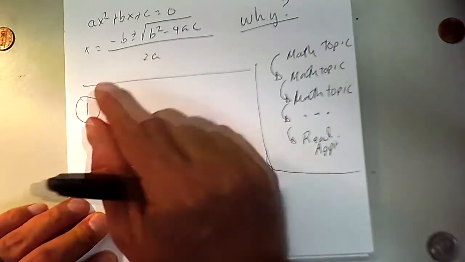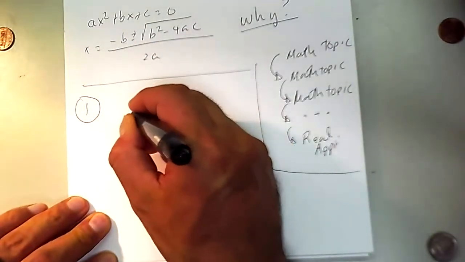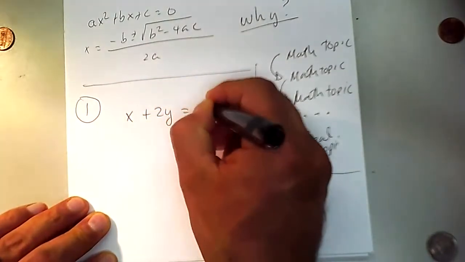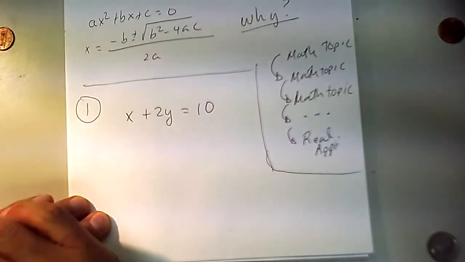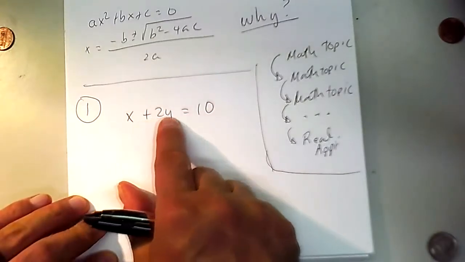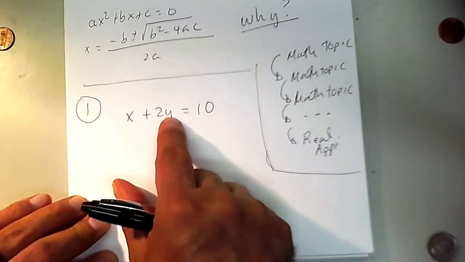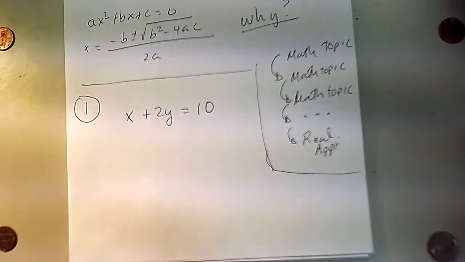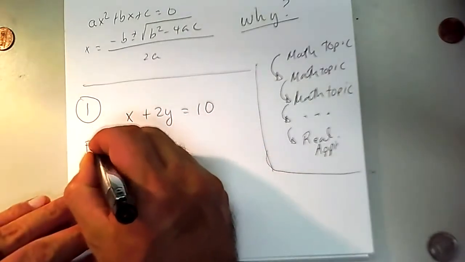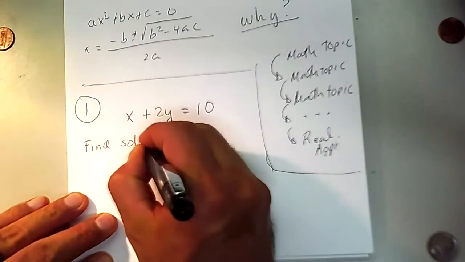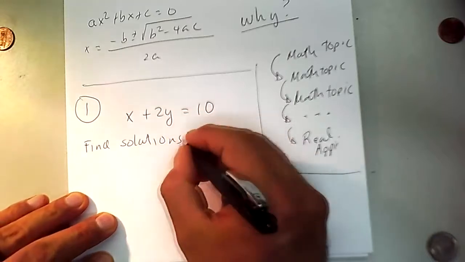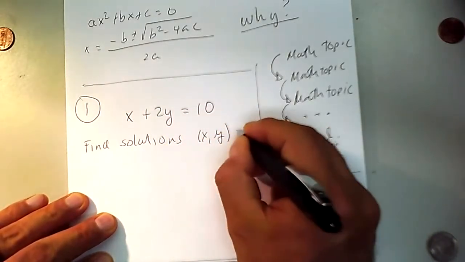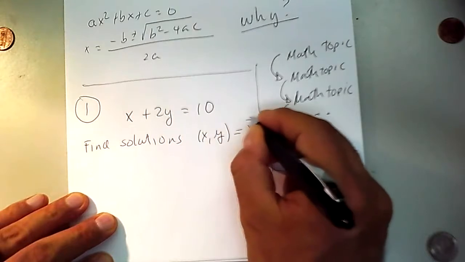So the main idea here is that we have an equation x plus 2y equals 10. So we want to find solutions of those, so find solution x, y, which oftentimes I will call x.